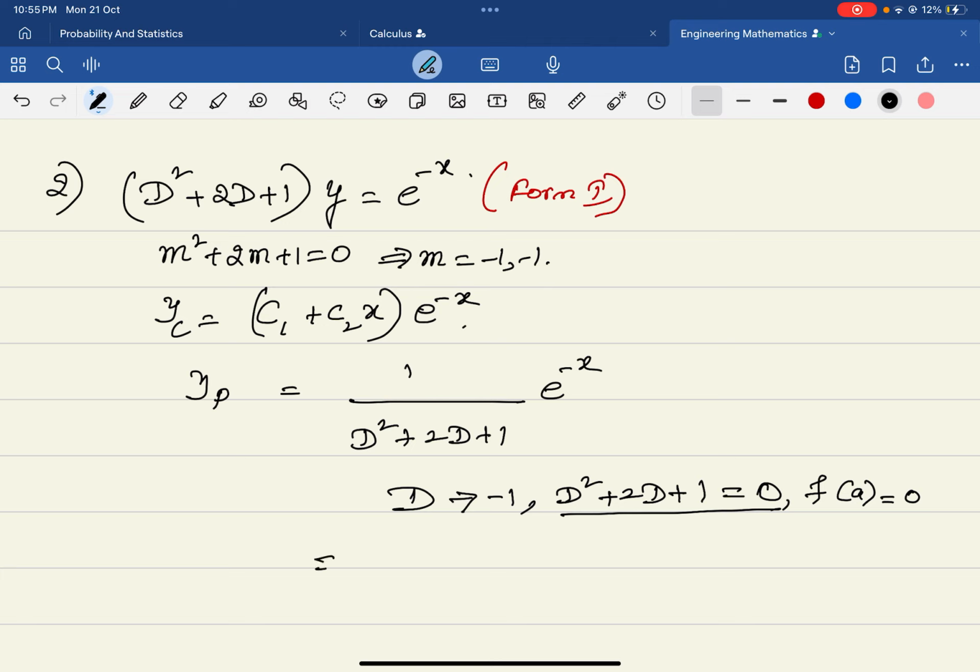So now what we write here is, multiply by x divided by the derivative of d square plus 2d, that is 2d plus 2, times e raised to minus x.